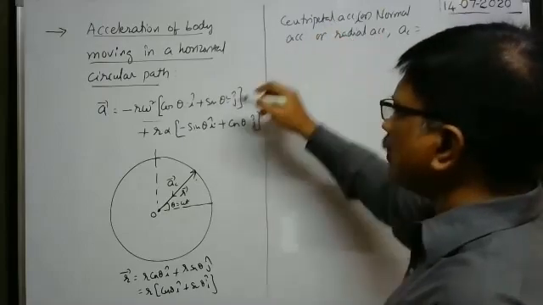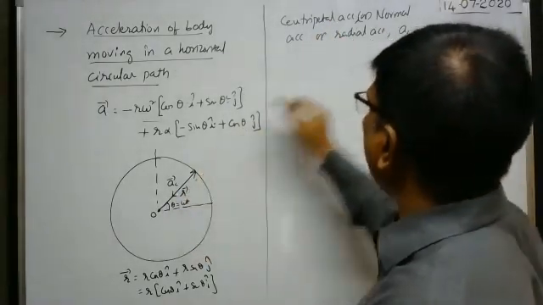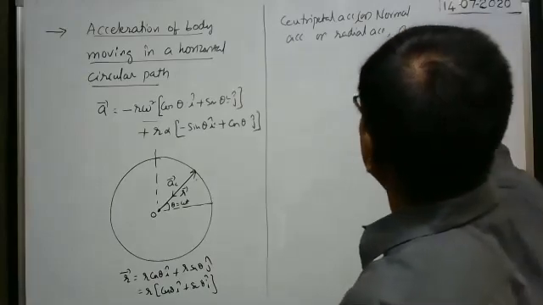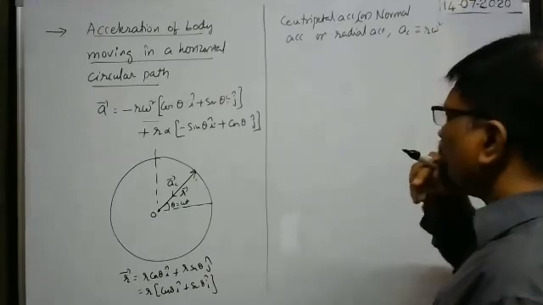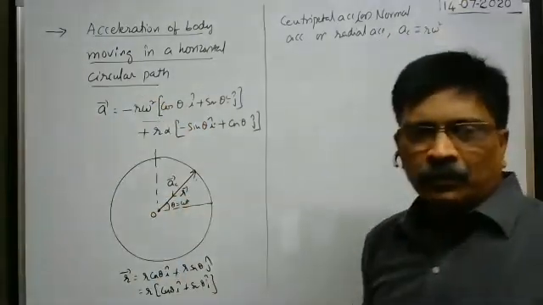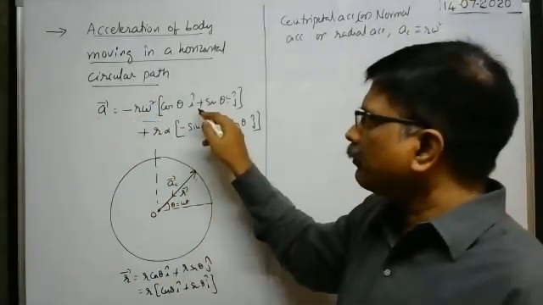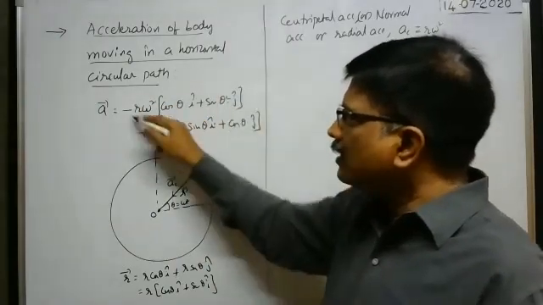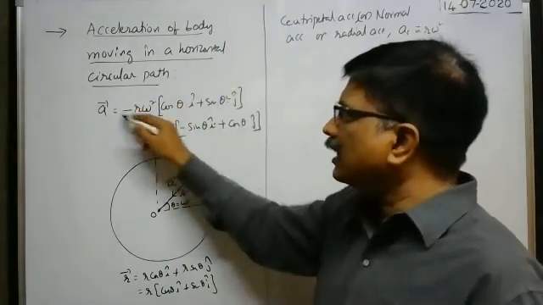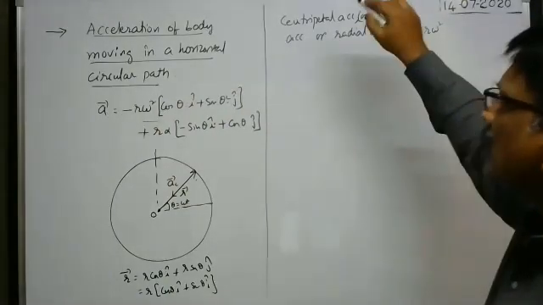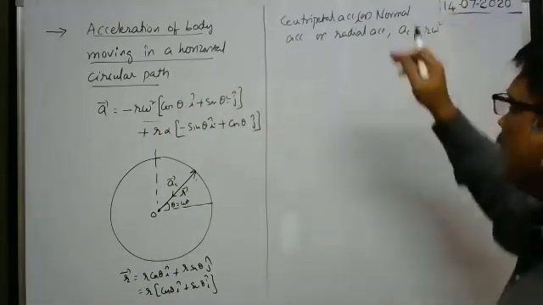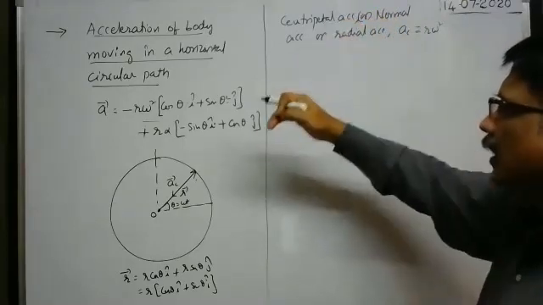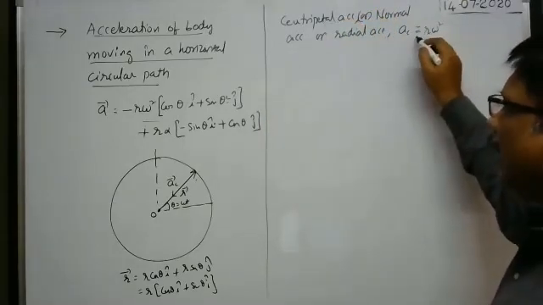Centripetal itself represents the acceleration component towards the center. Again, we need not write the minus sign, because this is the acceleration component. Because of the minus sign, as it is acting towards the center, it is called centripetal acceleration. So when you mention centripetal acceleration, we need not mention the minus sign again.